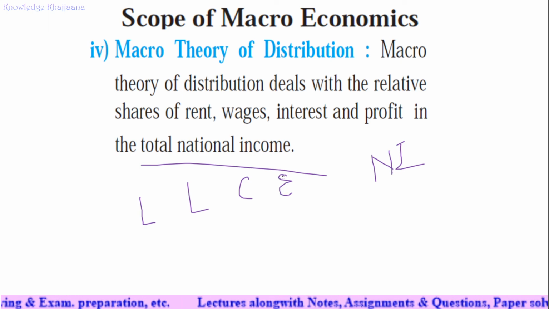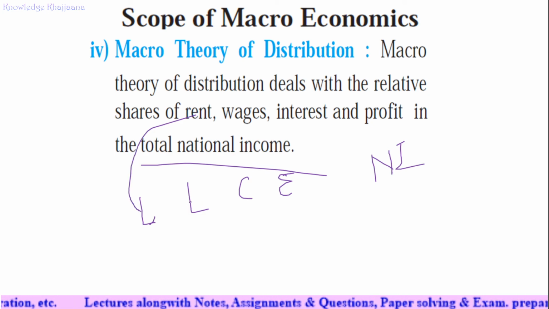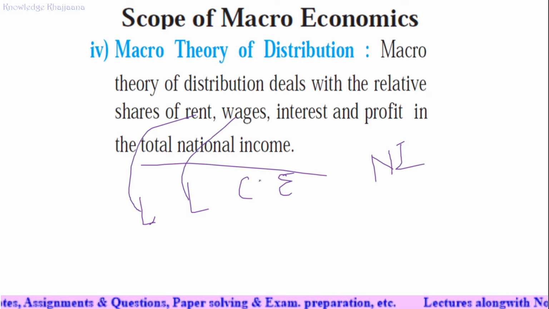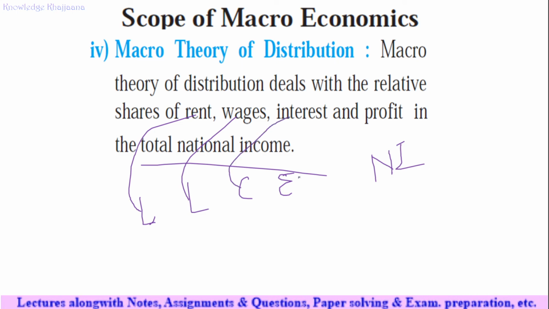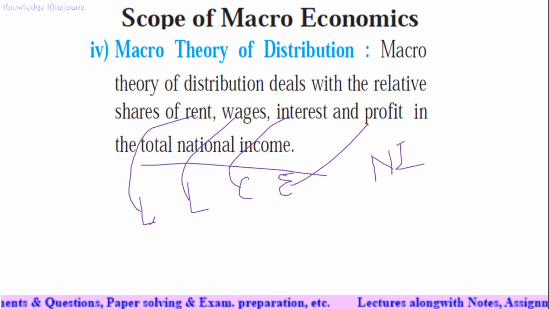What remuneration is given to land? It is rent. What is the reward given to laborers? It is wages. What is given to capital? It is interest. And what is given to the entrepreneur? It is profit. So this will be distributed as rent to land, wages to labor, interest on capital, and profit to the entrepreneurs.